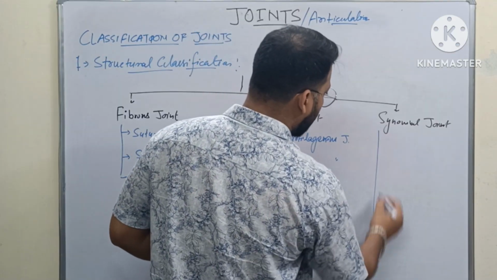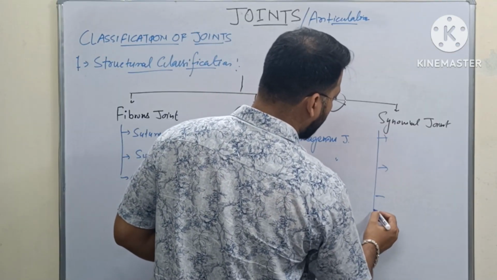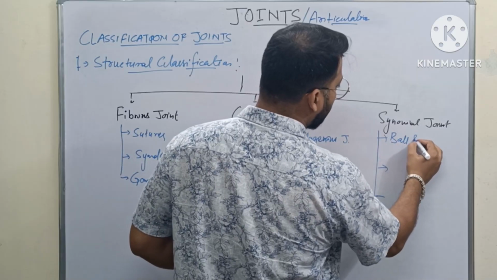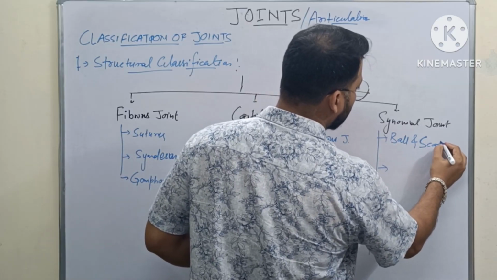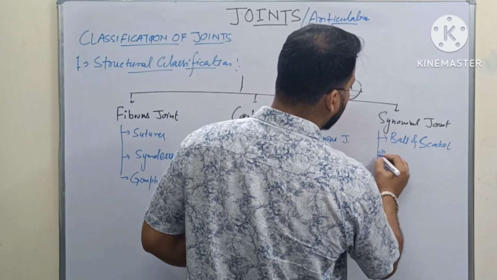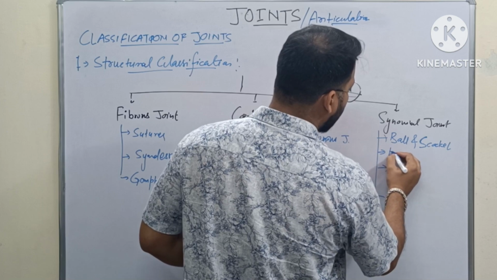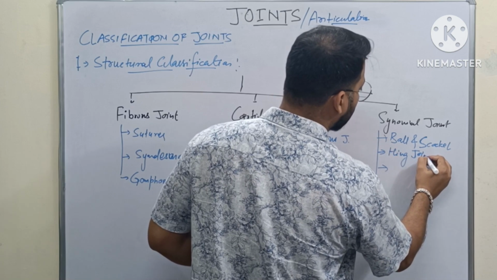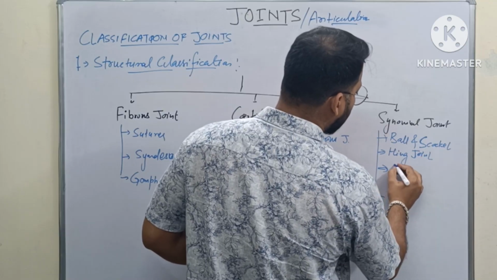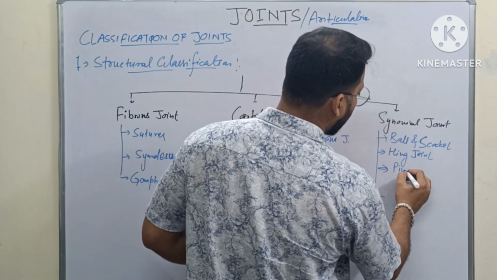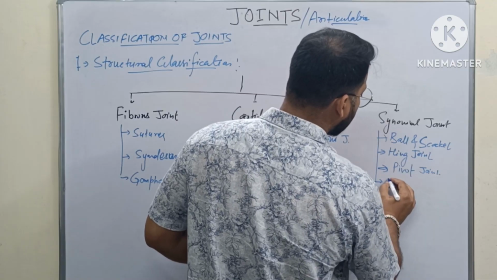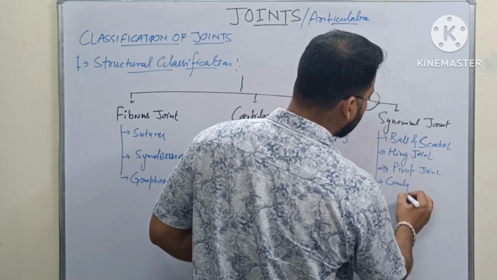And synovial joint is also of different types. First is ball and socket type. Second is hinge joint. Third is pivot joint. Fourth is condylar joint.